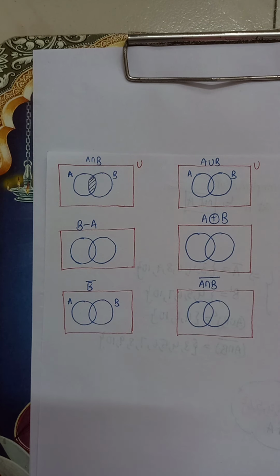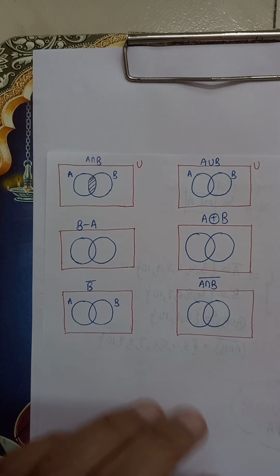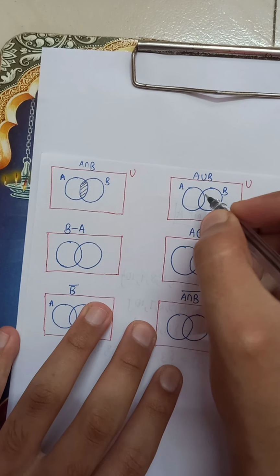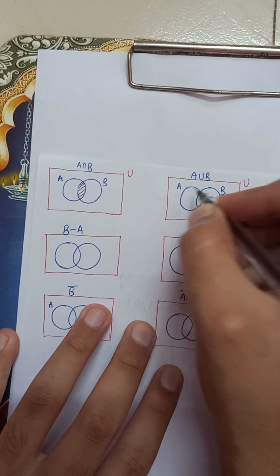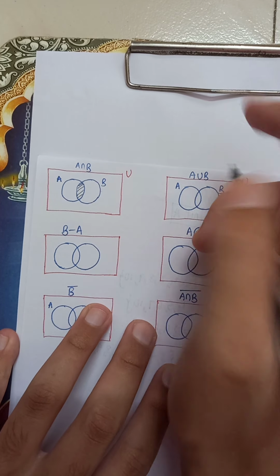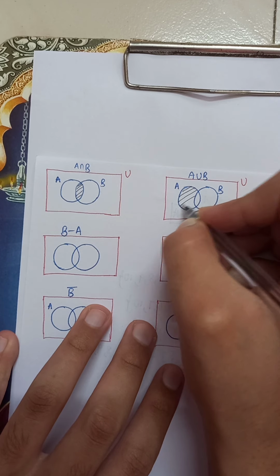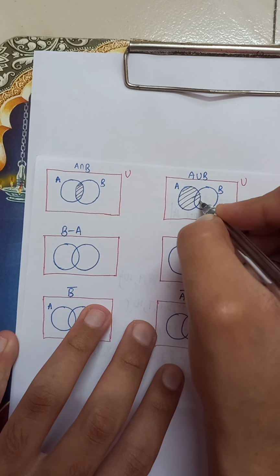What about A union B? A union B means both A and B, including the common part. So this is A union B.